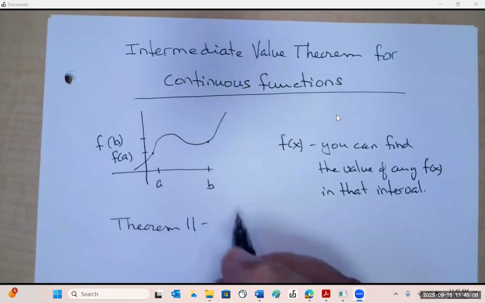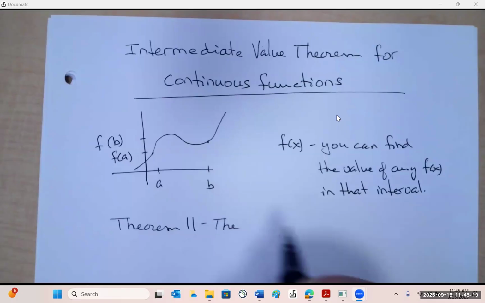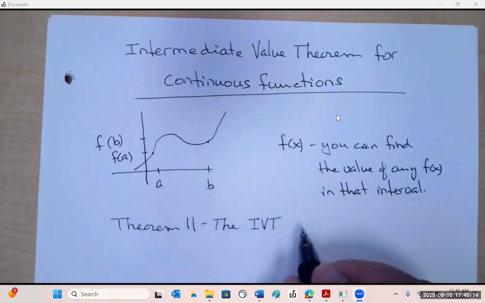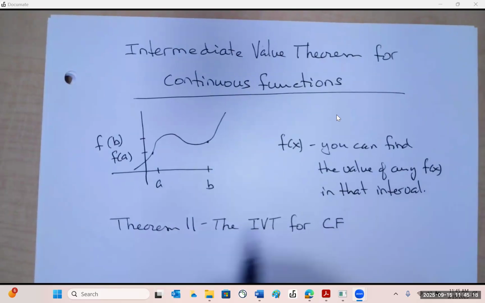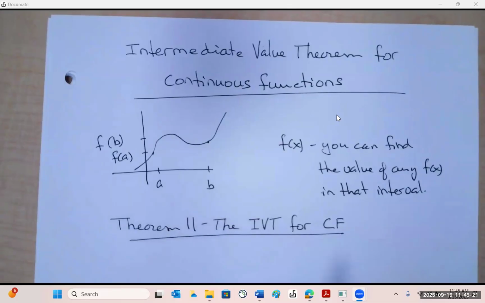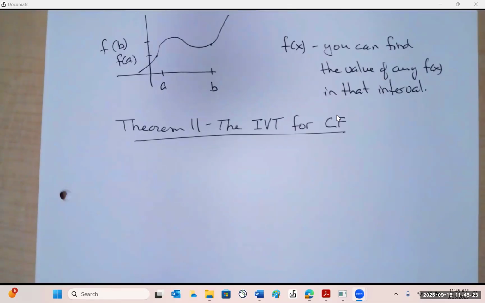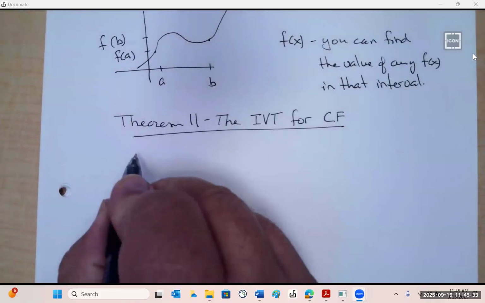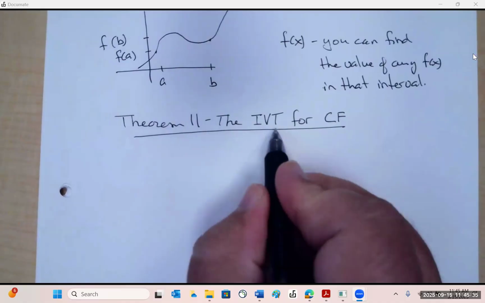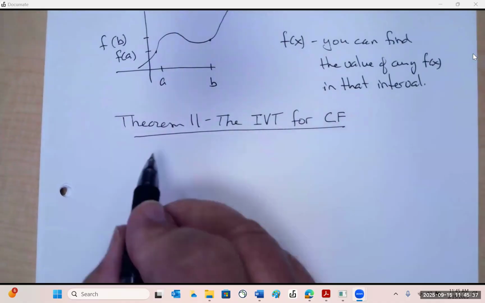Theorem 11. The intermediate value theorem for continuous functions. So IVT is intermediate value theorem, CF is continuous functions.